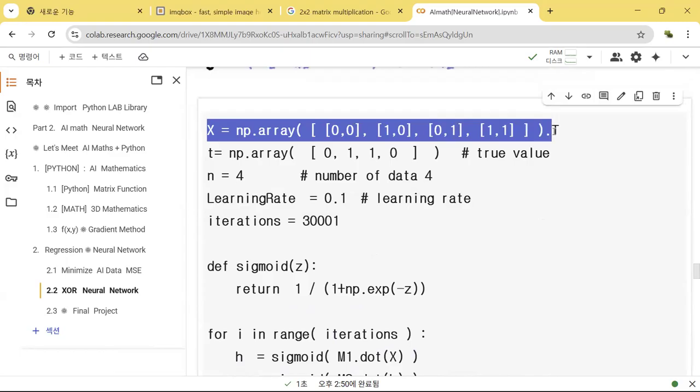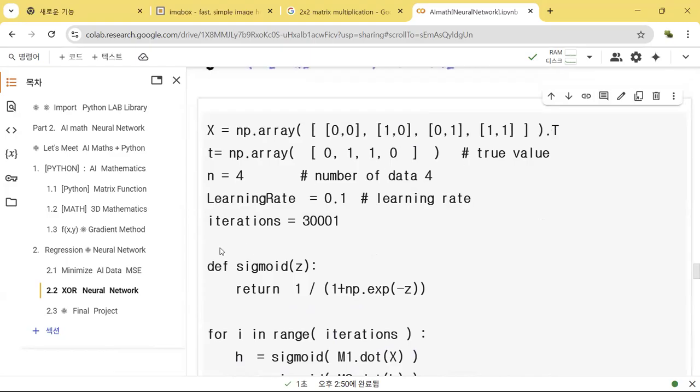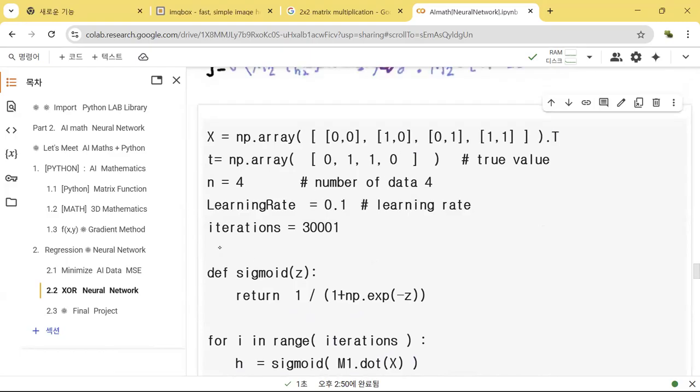X is from here, originally 0, 0, the first row vector, second row vector, and third row vector, 1, 1 is this vector.